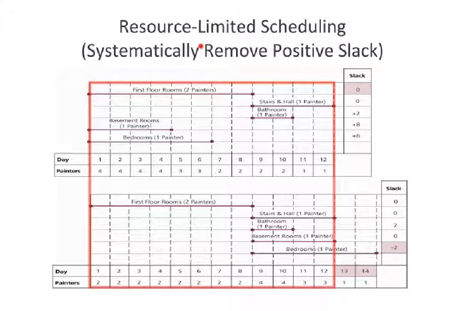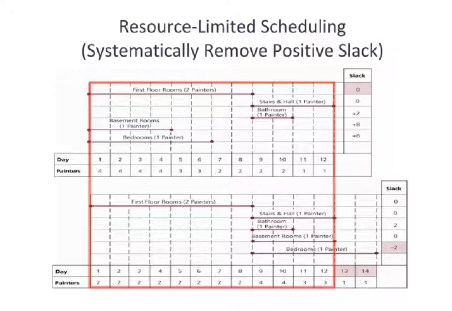So in the upper portion of this diagram, shown here, is our original plan. Remember the numbers from the prior slide. We have 0 slack on these two items. They're the critical path. And then we have +2, +8, +6. This is still finishing by day 12.